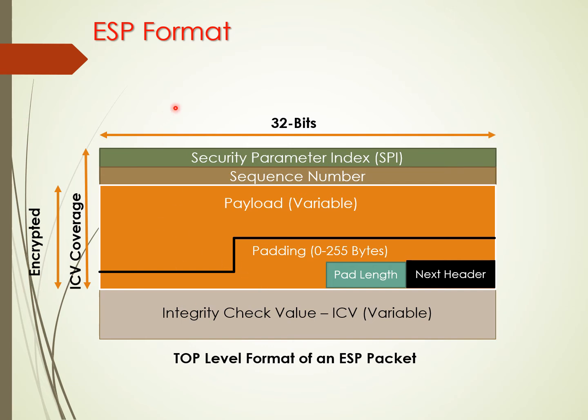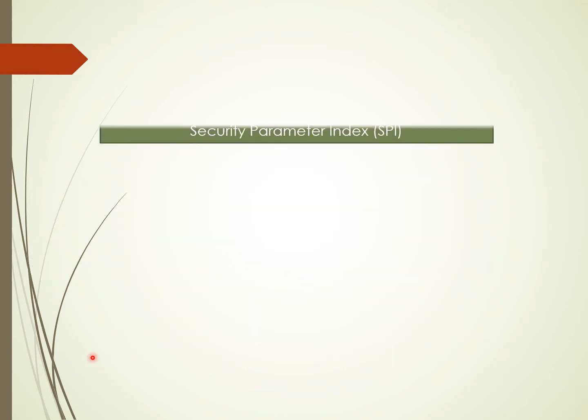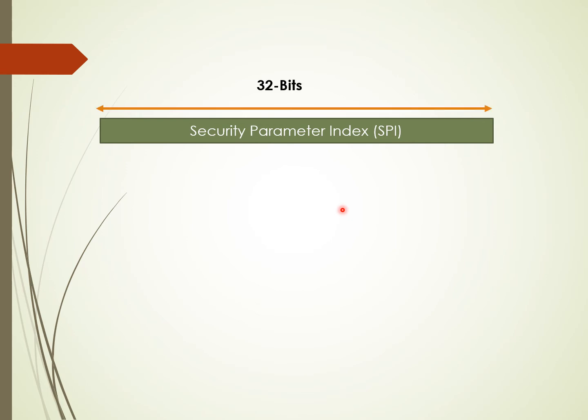So that's the general ESP format discussion. Now, the same ESP format can be viewed in a different view. It has the security parameter index (SPI), represented using 32 bits.